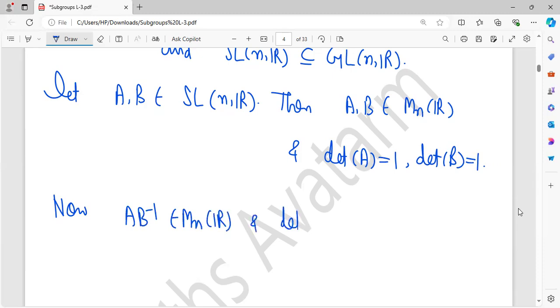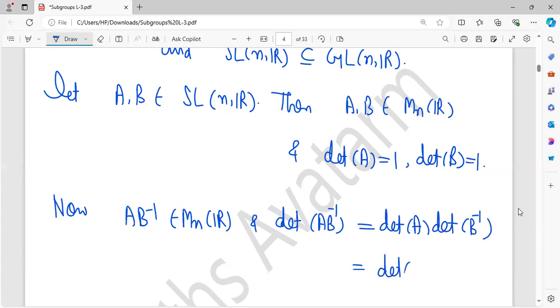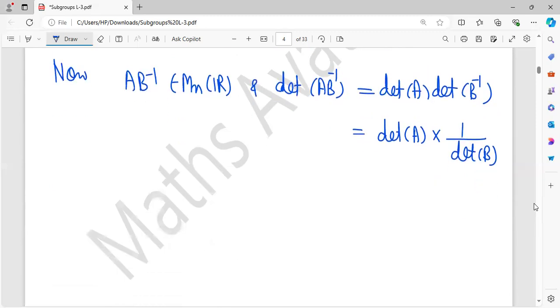And what is the determinant of AB inverse? It is determinant of A times determinant of B inverse, which is determinant of A times 1 upon determinant of B. Since the determinants of A and B are 1, we put the value, that is 1.